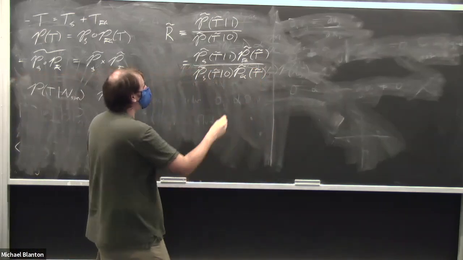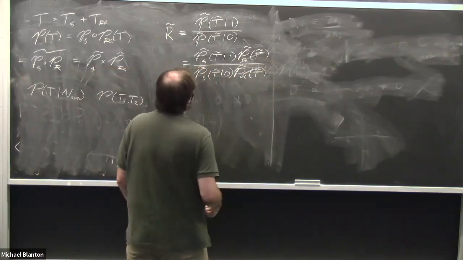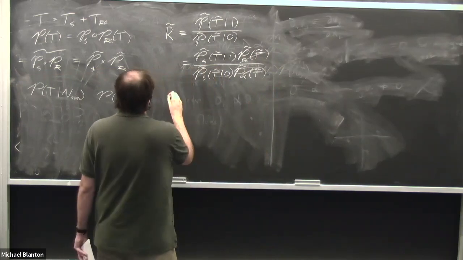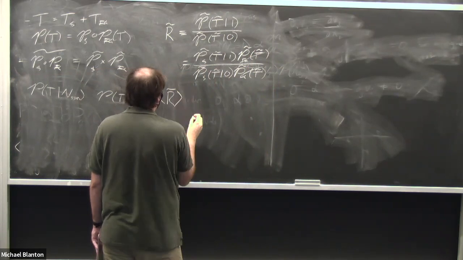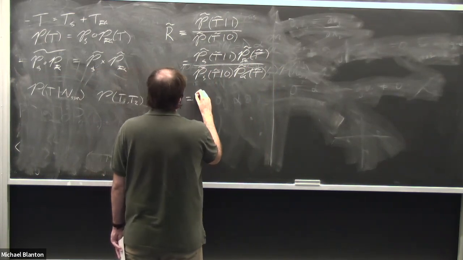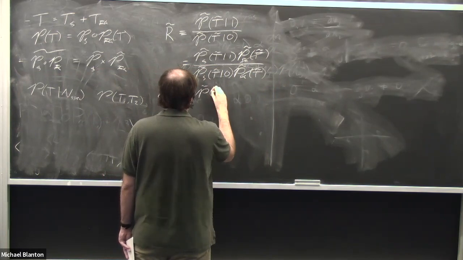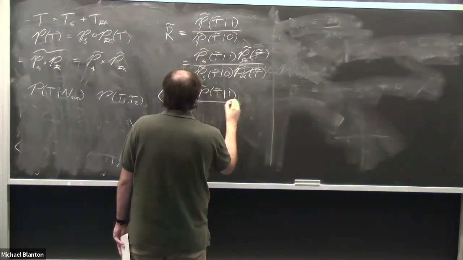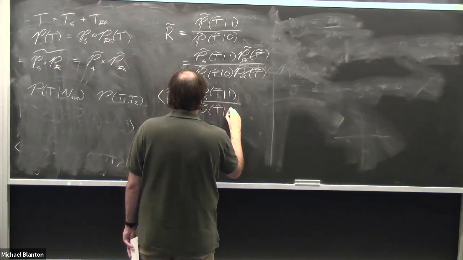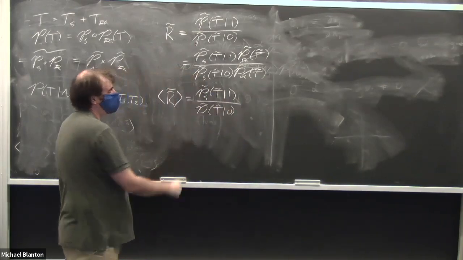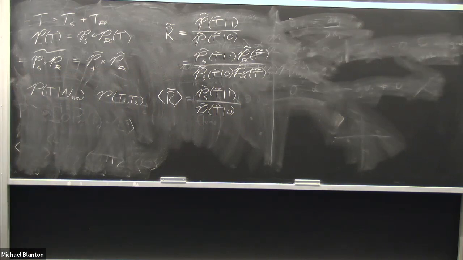These two are the same. So the expectation value of this R quantity will be the signal divided by the signal. So it will be a quantity that only depends on the statistics of my signal, not on the statistics of my foreground.